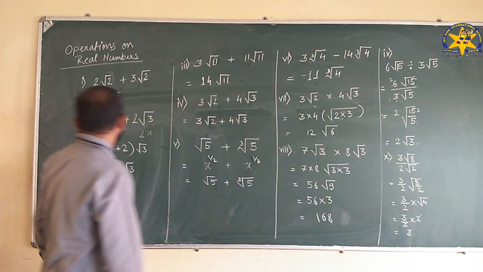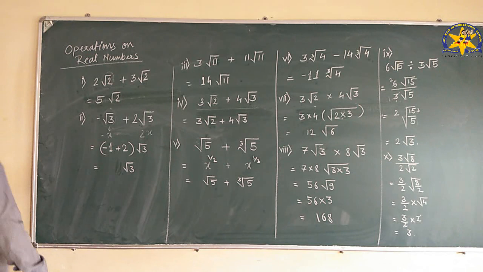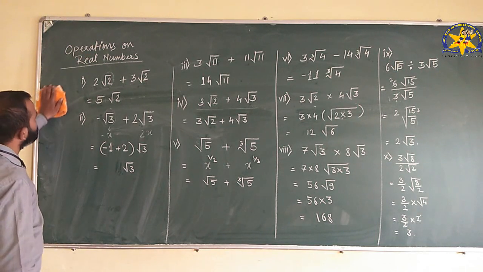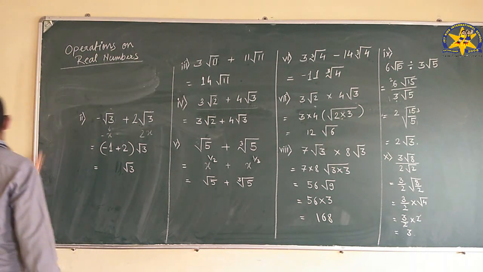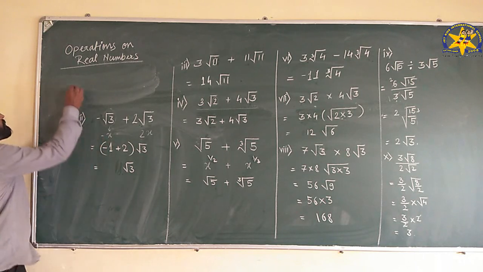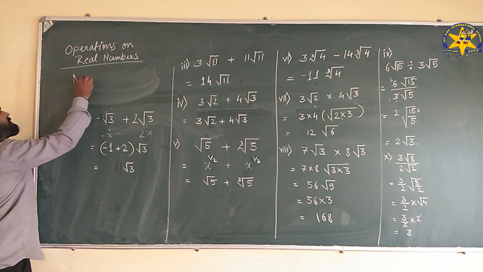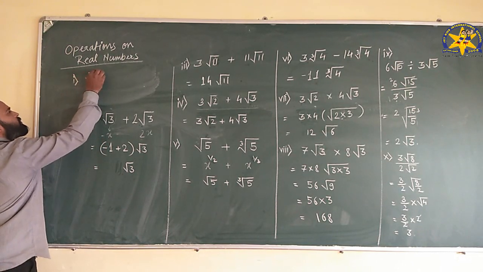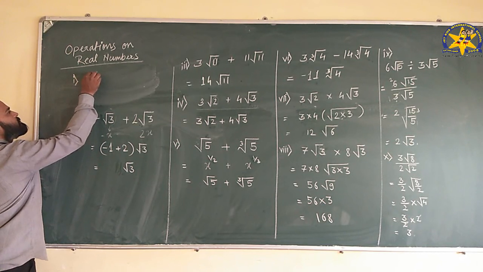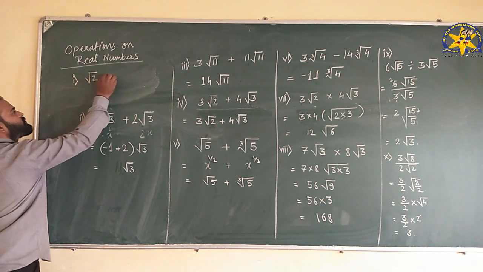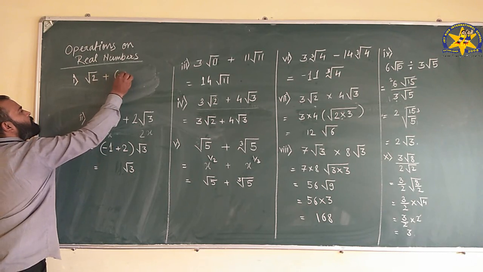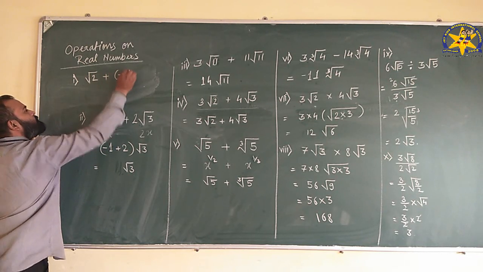Again, one different type of problem I will take that will clear one doubt. See here, first one I am changing. First was also correct, but it will be root 2 plus, minus root 2.